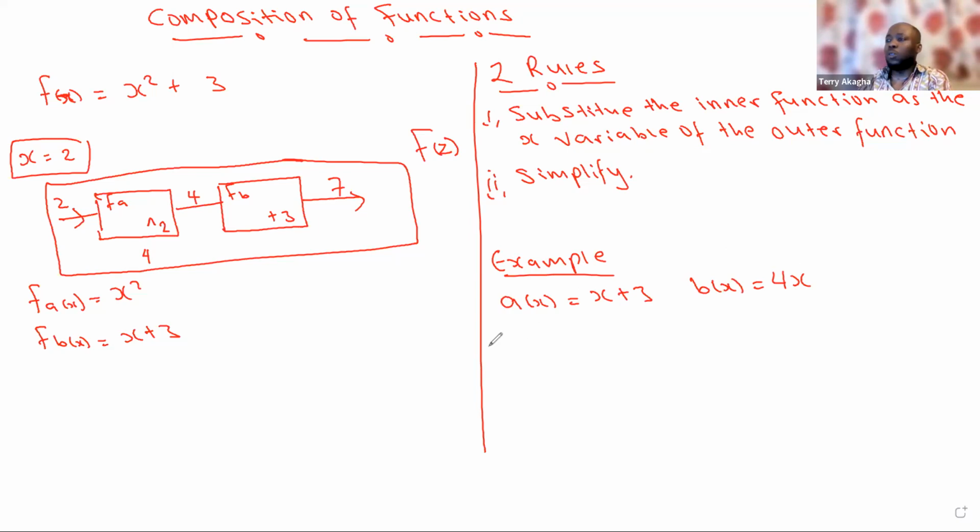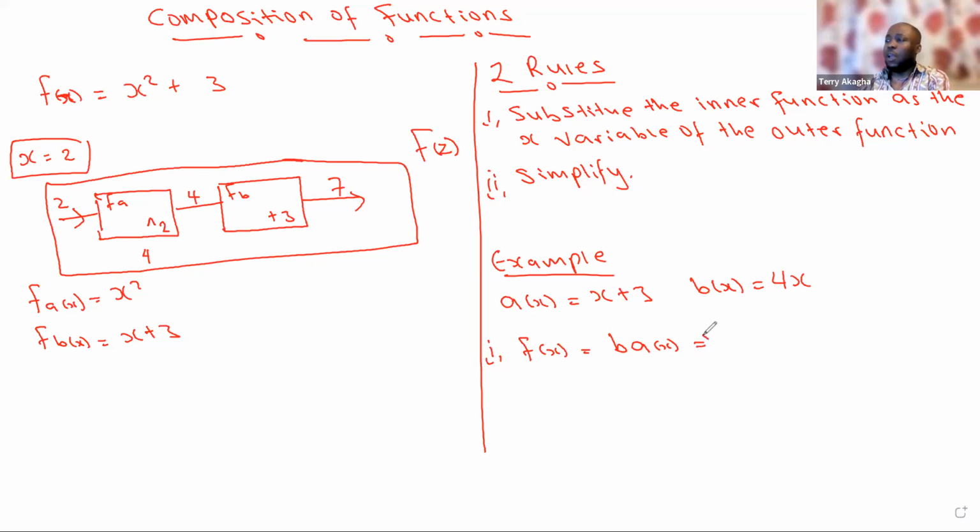You are now told to find f of x such that f of x is b of a of x. In this question, the inner function is a of x and the outer function is b. The rule says you substitute the inner function as the x variable of the outer function.